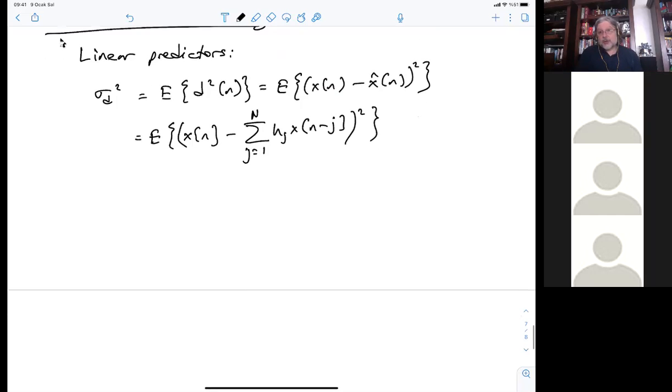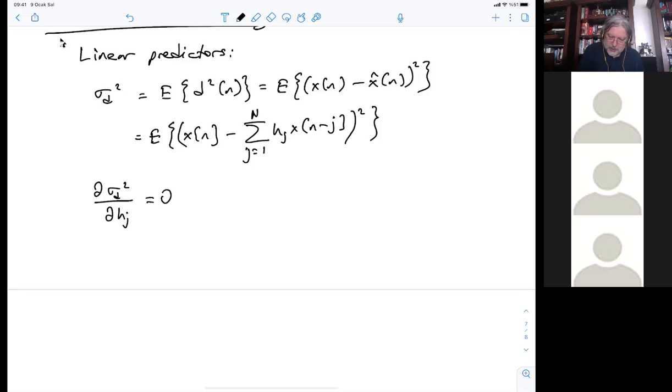So we will continue from here, and this thing will be used for the optimization. How? We will take the derivative of this expression with respect to all h_j's, j from 1 to capital N, like this, the partial of sigma d squared over partial h_j.